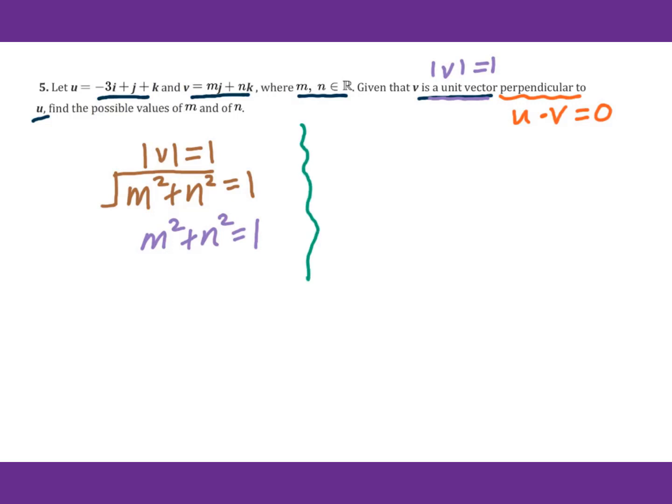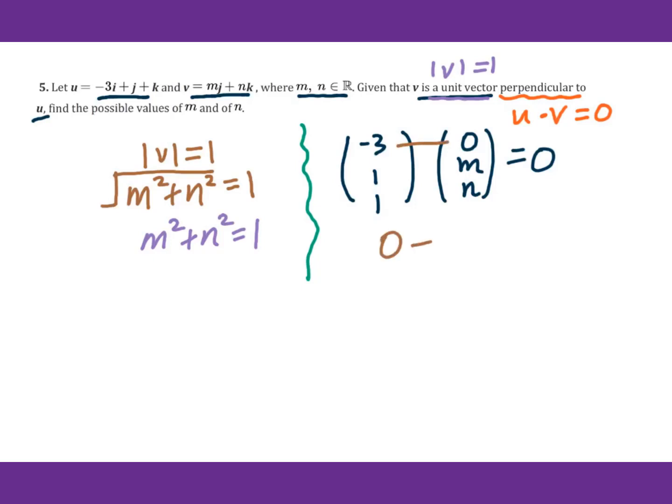For U dot V equals 0, you have (-3, 1, 1). For V, you have (0, M, N). The corresponding components multiply and add together equal to 0, which means these two multiply, that's 0, plus M plus N equal to 0. So M plus N equals 0.